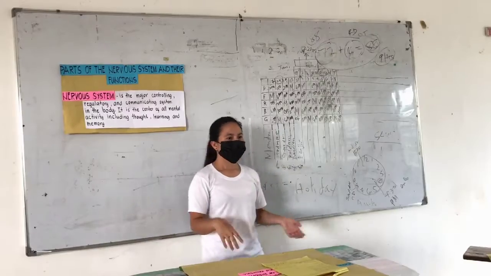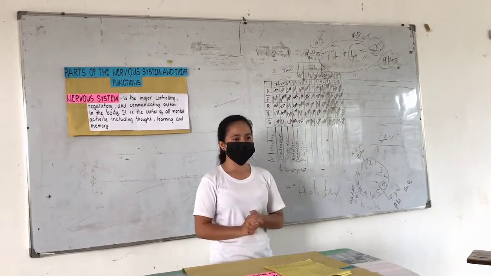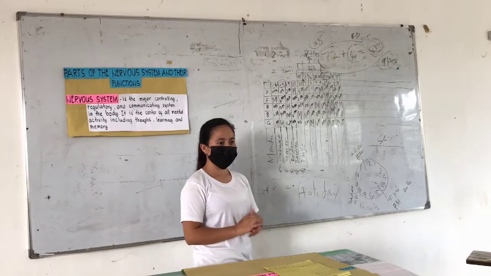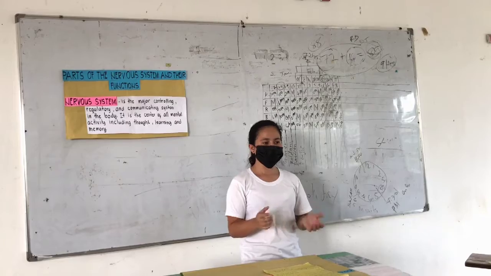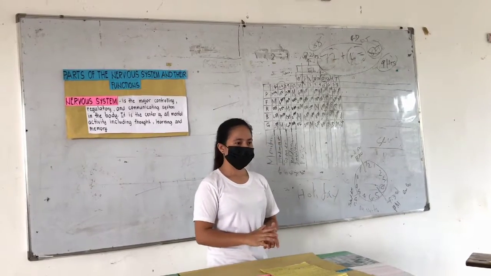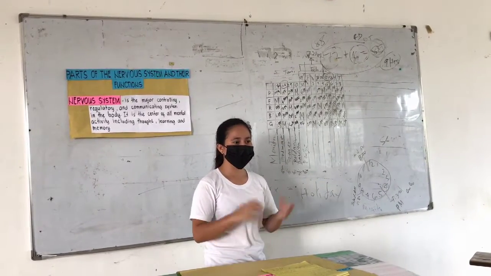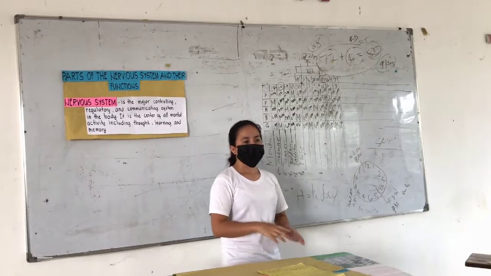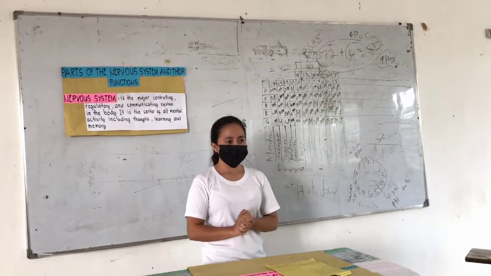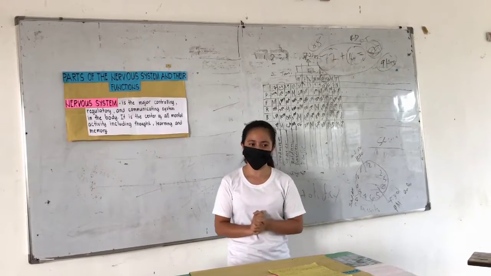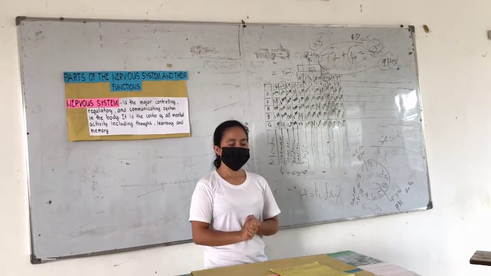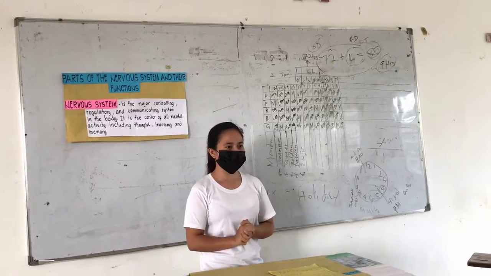So, for example, in a typical school day, you will wake up to the ring of the alarm clock. You will take a bath, eat breakfast, wear your uniform, and leave for school. The act of getting ready for school involves different parts of the body, which act in a coordinated way.